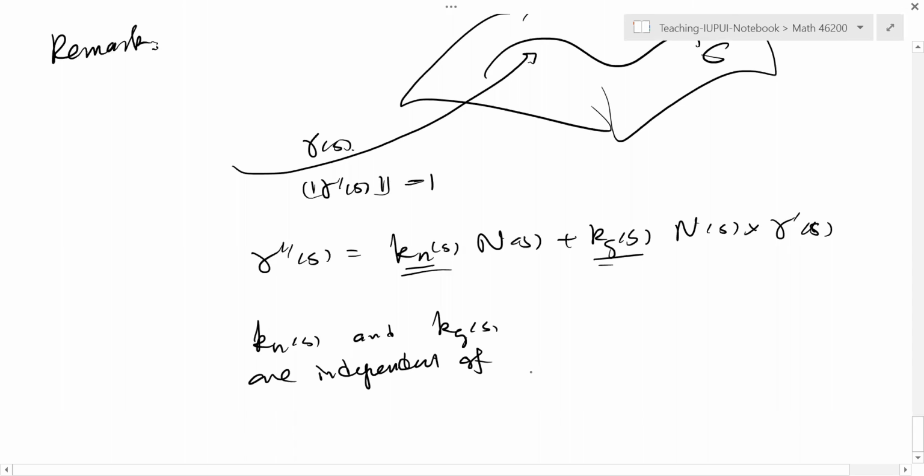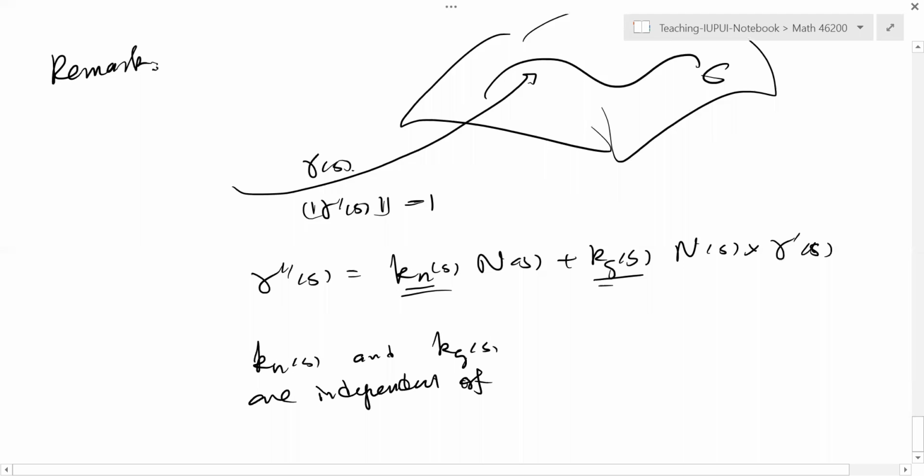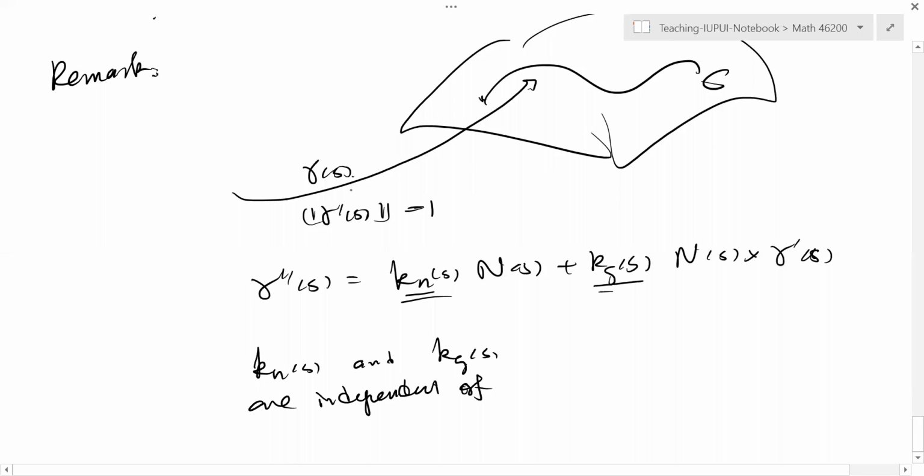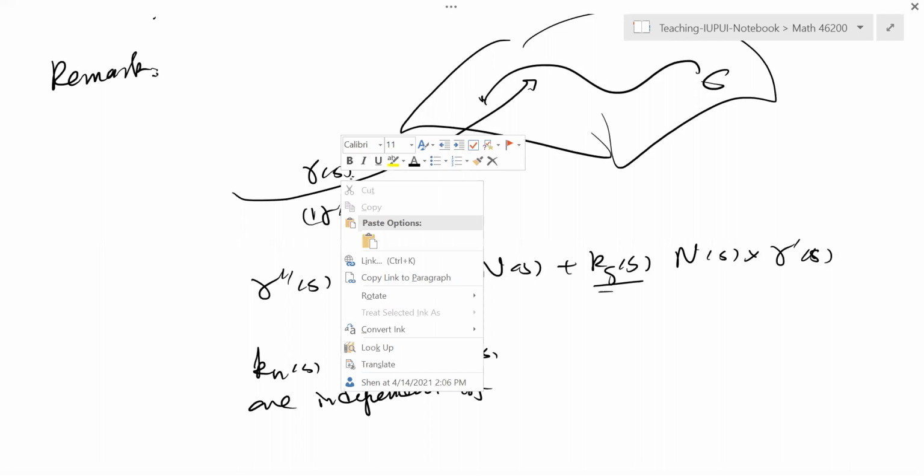Actually, there are not many choices here, because s is arc length, so the choice of gamma is almost unique. If we want s to be arc length, the only difference is another gamma of s minus a constant.